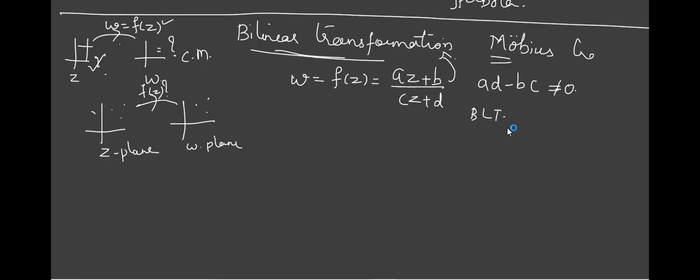Nowhere in the question paper have they used this wording till now, but you should be aware. Now here, for this transformation, there are some points which are called invariant points. What is the meaning of invariant?